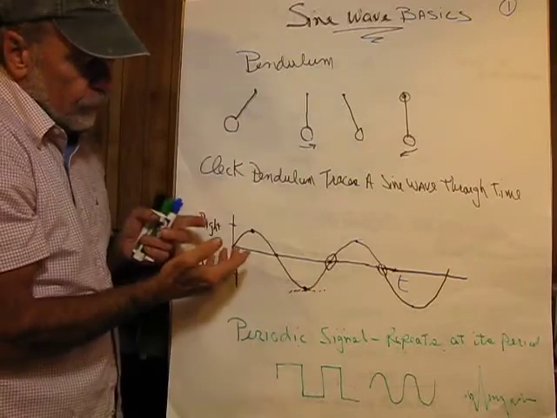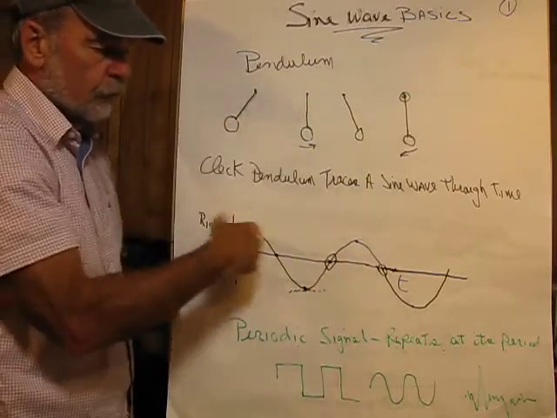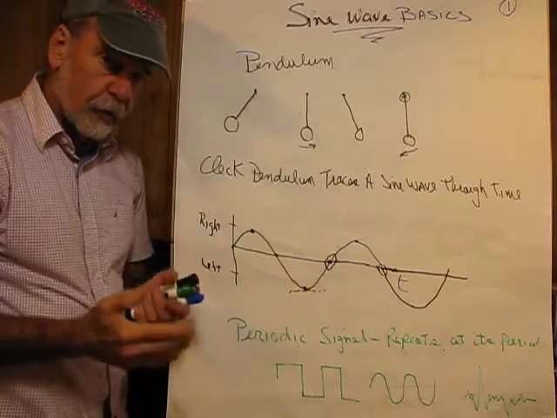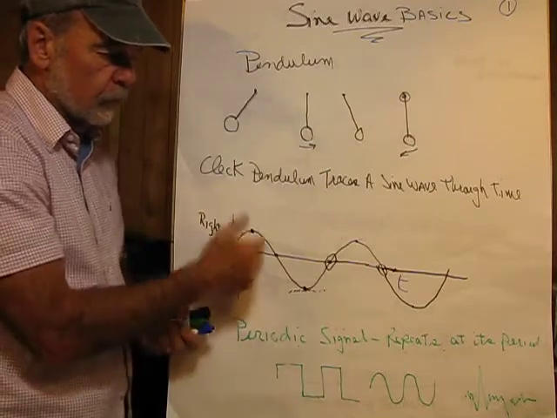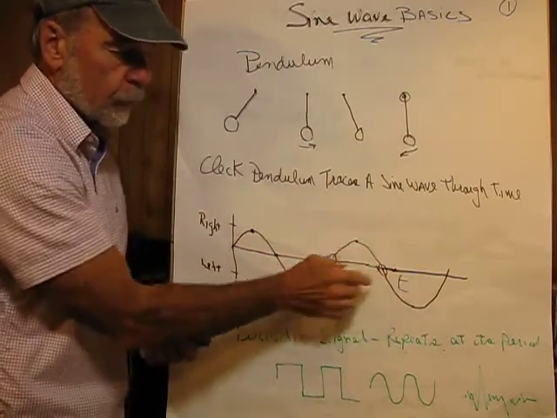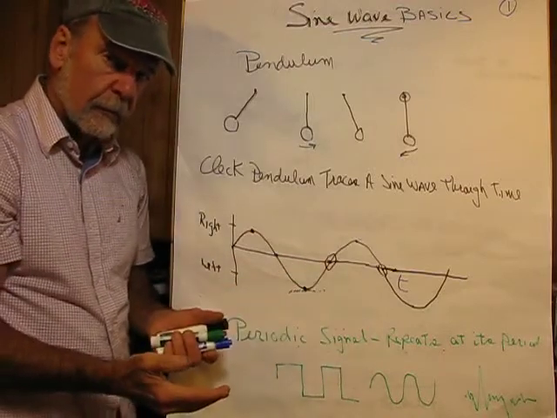Now, if we just took a pendulum and moved it over here and let it go, it would trace a sine wave, except there's friction and windage, and that's going to slow down the pendulum, and eventually the sine wave's amplitude, the size of this, would get smaller and smaller until it's stopped.